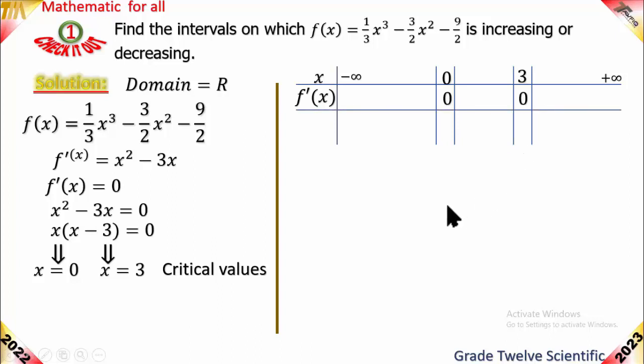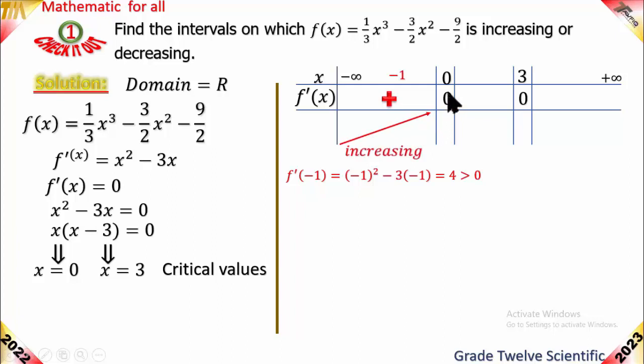And now take a number, let it be minus 1, and replace it in f prime of x. f prime of minus 1 is minus 1 squared minus 3 times minus 1, which is equal to 4, bigger than 0. That means here it is positive and the function f of x is increasing.